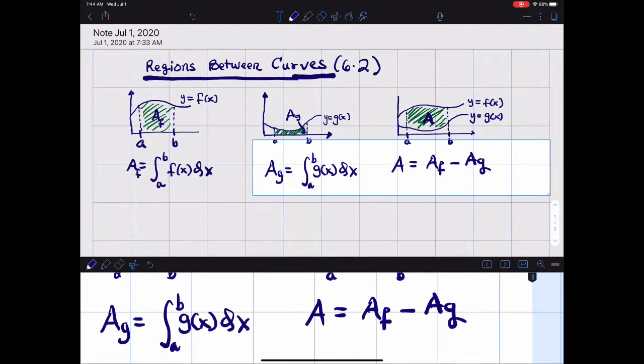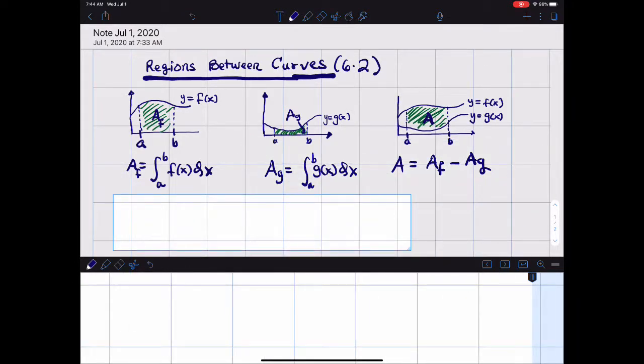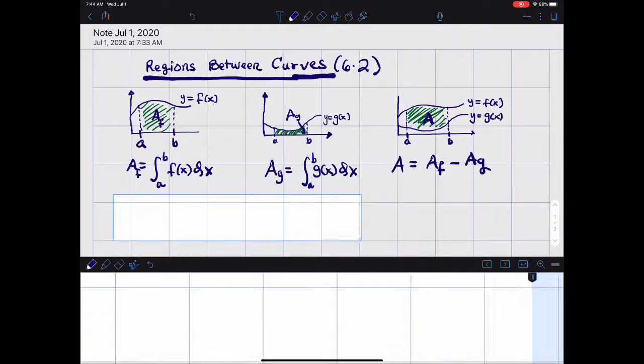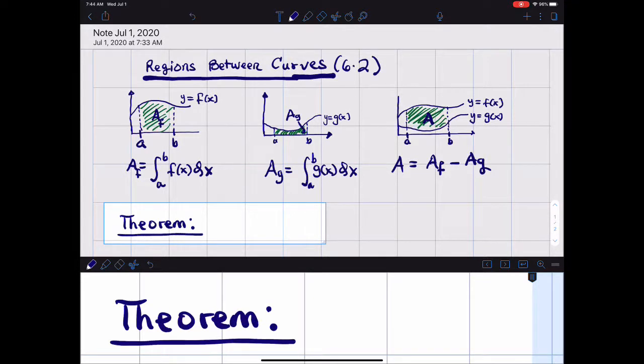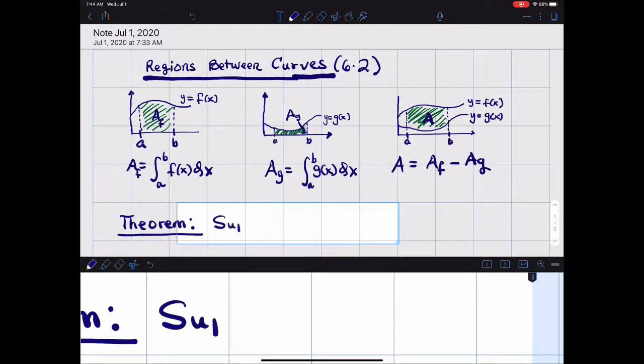Okay. So this allows us to write up a theorem. So let's consider two functions.